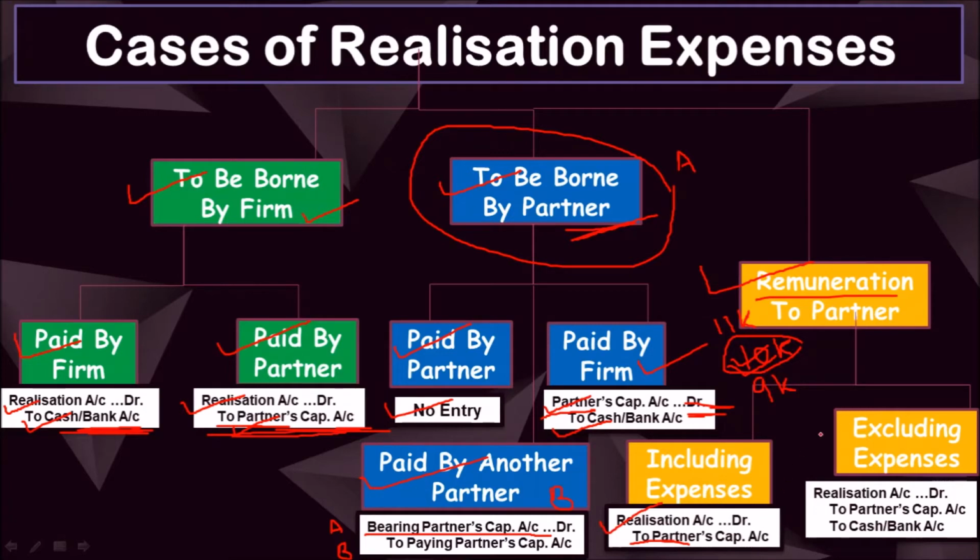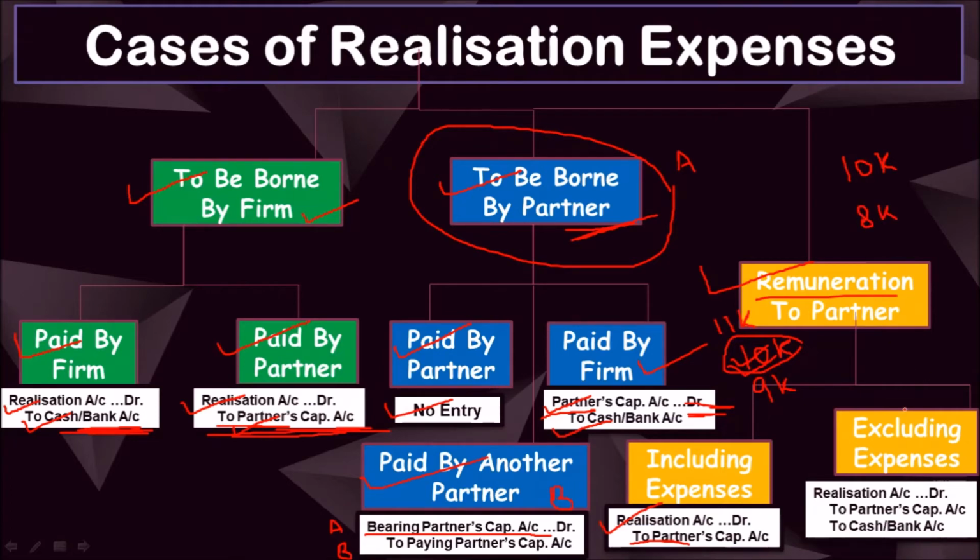Understood? Now let's discuss the last category, that is excluding expenses. Here also remuneration was paid. Say for example 10,000 remuneration was paid to a partner, and in actual, realization expenses were 8,000.